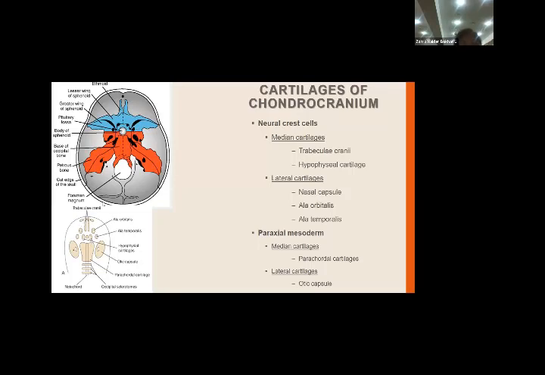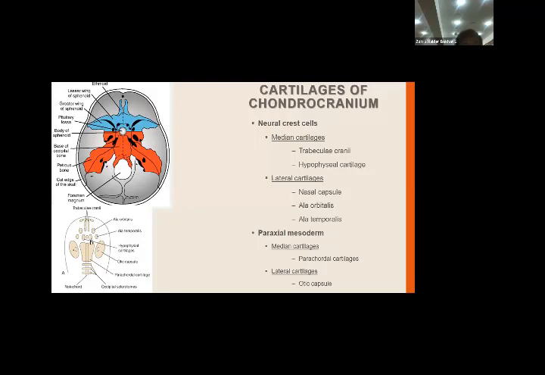See them in blue. That means of the median cartilages, trabecular cranii and hypophyseal cartilage develop from neural crest, and of the lateral cartilages, nasal capsule, ala orbitalis and ala temporalis develop from neural crest cells. The mesenchyme that makes up these cartilages comes from neural crest.